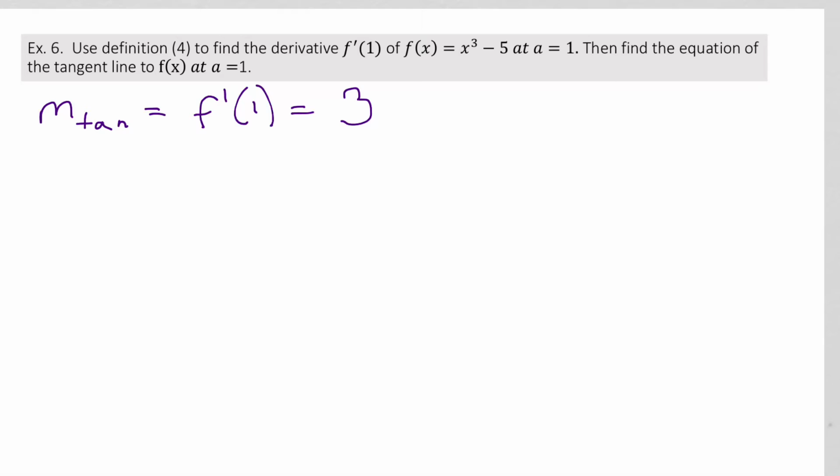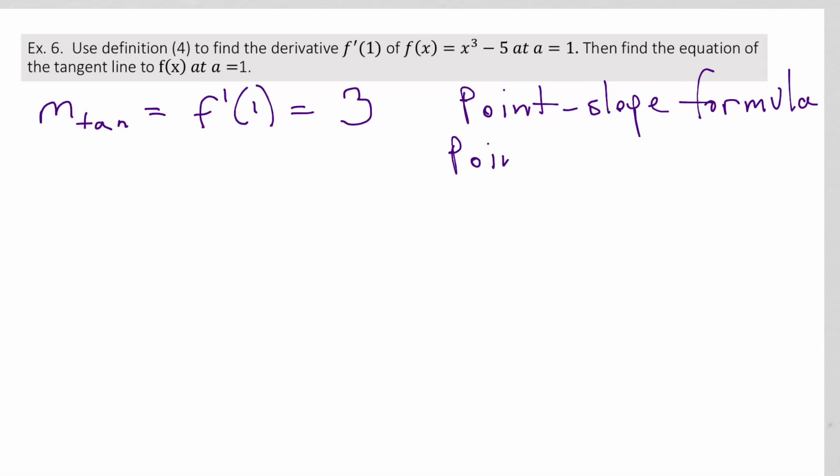All right, so if I want to find the equation of the tangent line, I'm going to use the point slope formula. So I want a point. I've got the slope. So my point is 1. 1's my x value. So my y value is going to be 1 cubed minus 5.